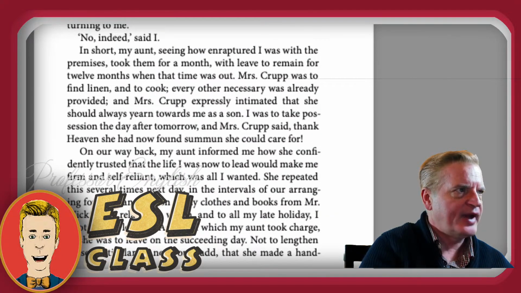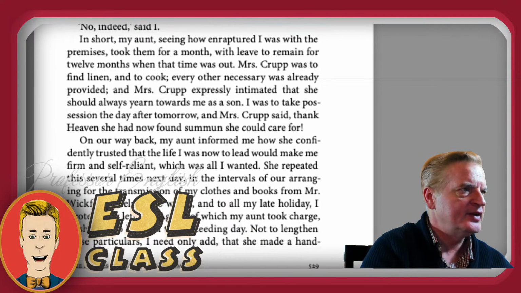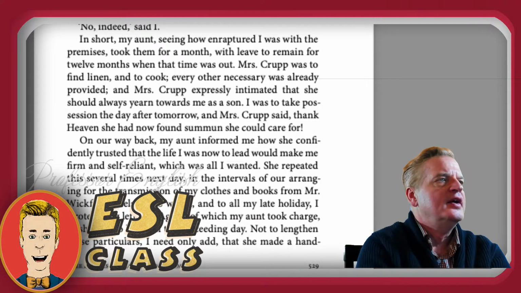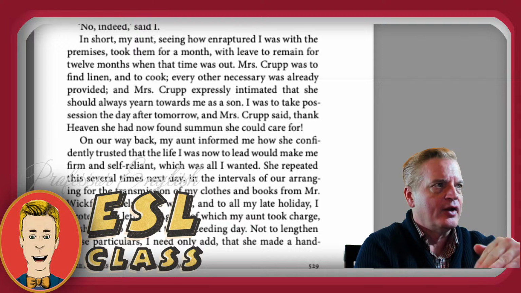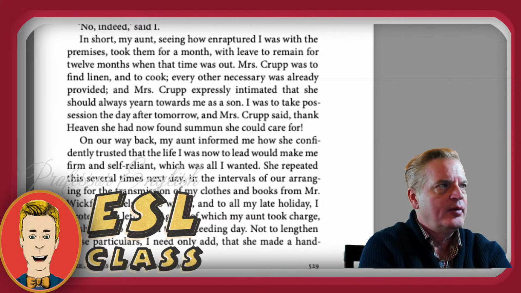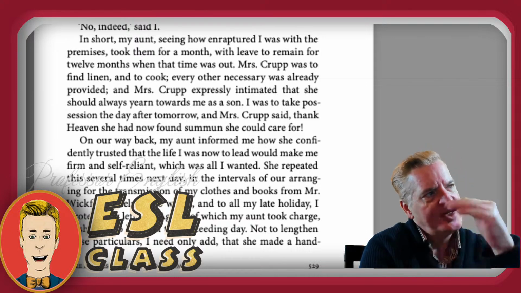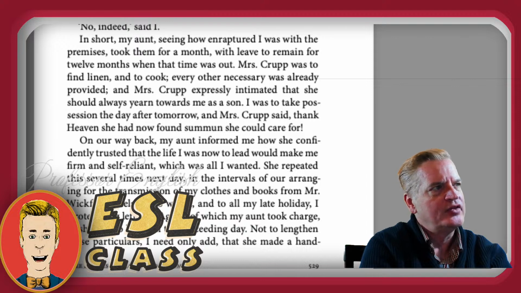All right, so let's go back and read from the beginning, practicing our intonation. In short, my aunt. So we'll go high, low, high, low. Seeing how enraptured I was with the premises. When we get to "premises," at the end we want to fall.